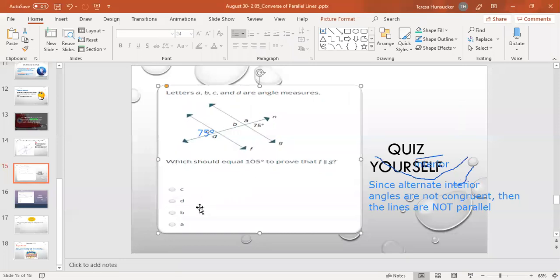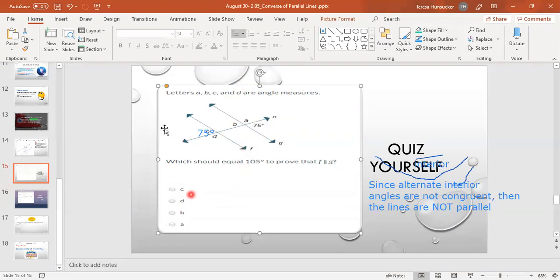All right. Now, A, okay, careful here. A and 75 are not a pair of supplementary angles. That means they're not same side interior angles. They're not corresponding angles. They are not alternate exterior angles. They are what we call linear pairs. Linear pairs do not show that lines are parallel.